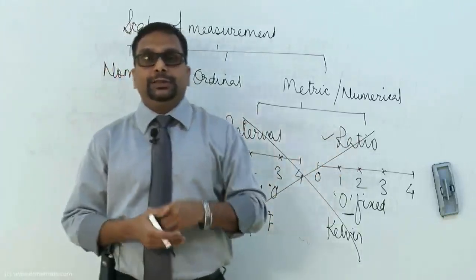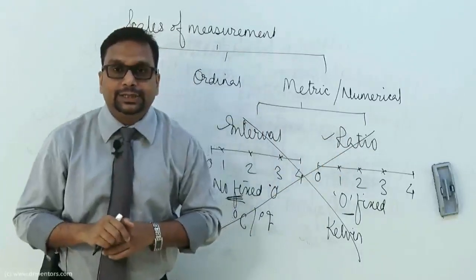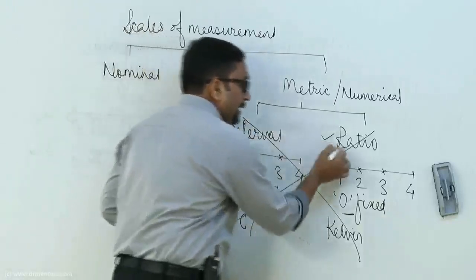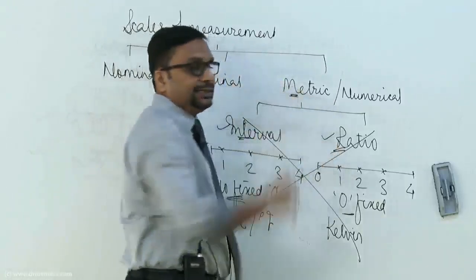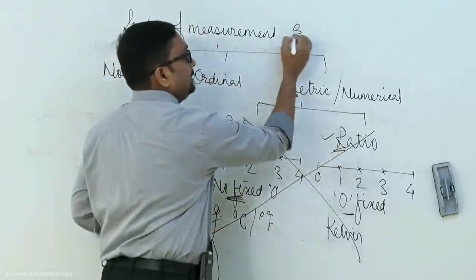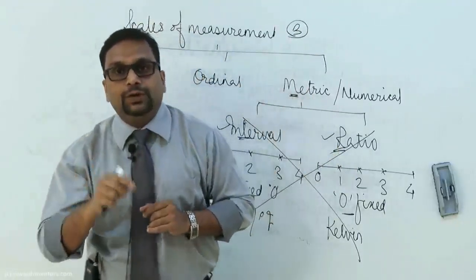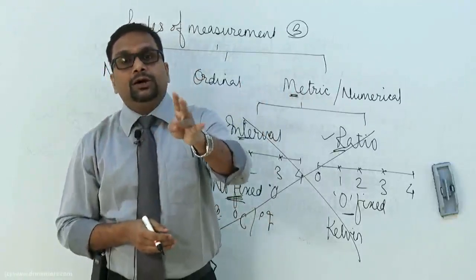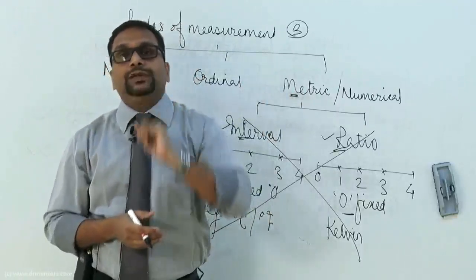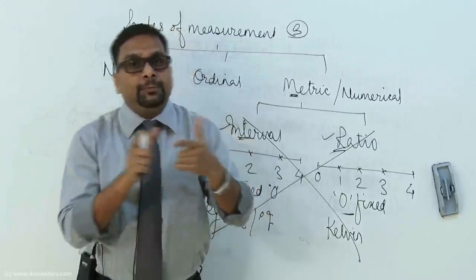Now you will say, if it is not important, why am I covering this in the lecture? Here, interval and ratio, both I want to classify as metric scale. I said there are 3 scales of measurement: nominal, ordinal and metric. Now suppose in the book you are reading, there are 4 scales: nominal, ordinal, metric and one more, then you will get confused. In the lecture I said 3, the book is saying 4.